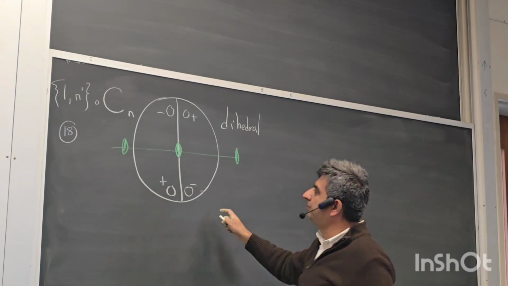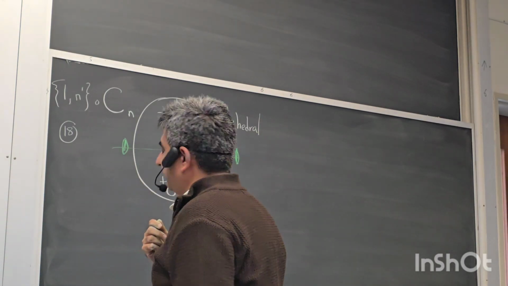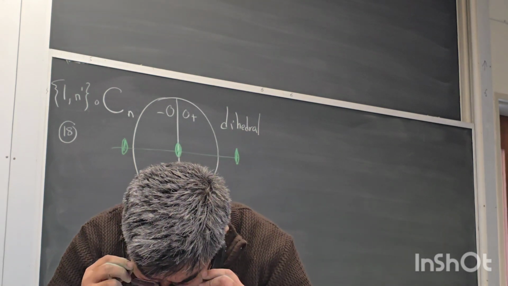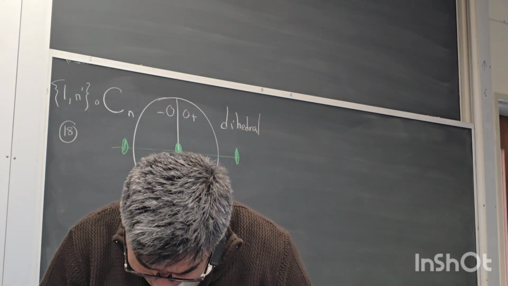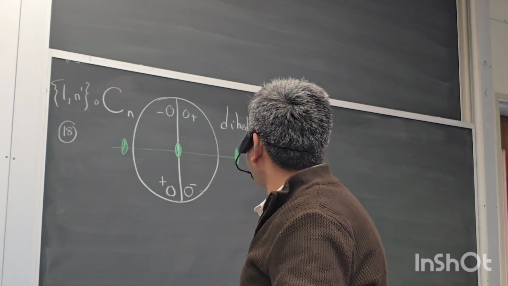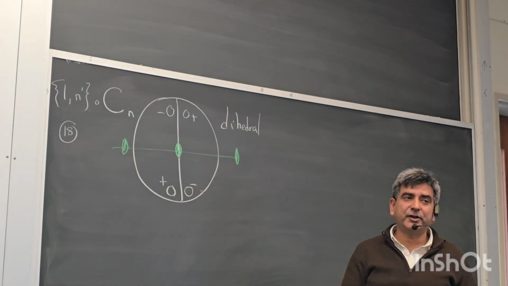Okay, and this group has, if you notice, how many axes of rotation does it have? Does it generate yet another axis of rotation?